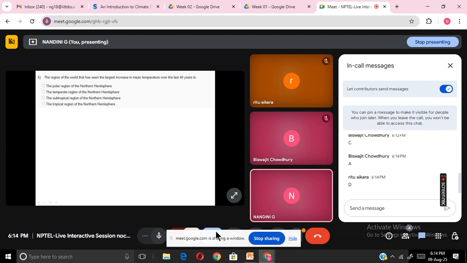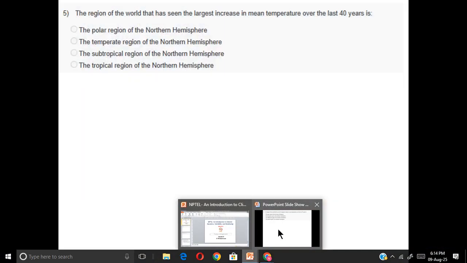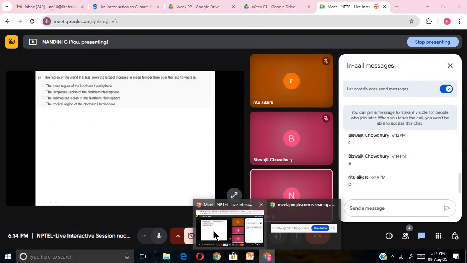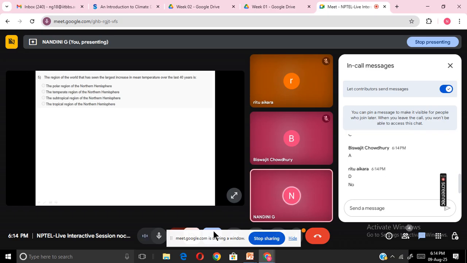I was asking about the global mean temperature, how much is the increase in global mean temperature. We have been looking at the graph. Do you remember the value? Global mean temperature.